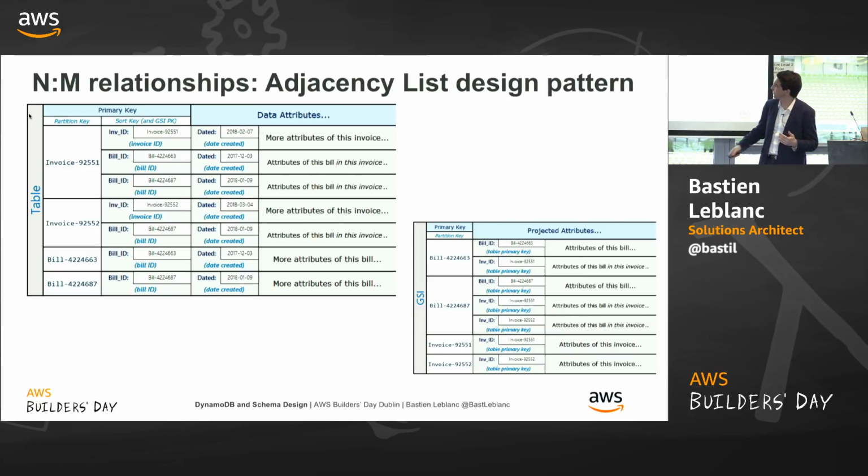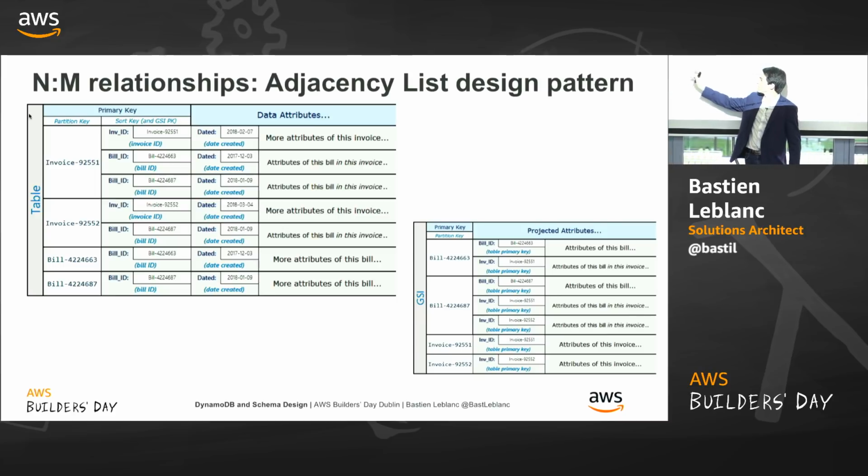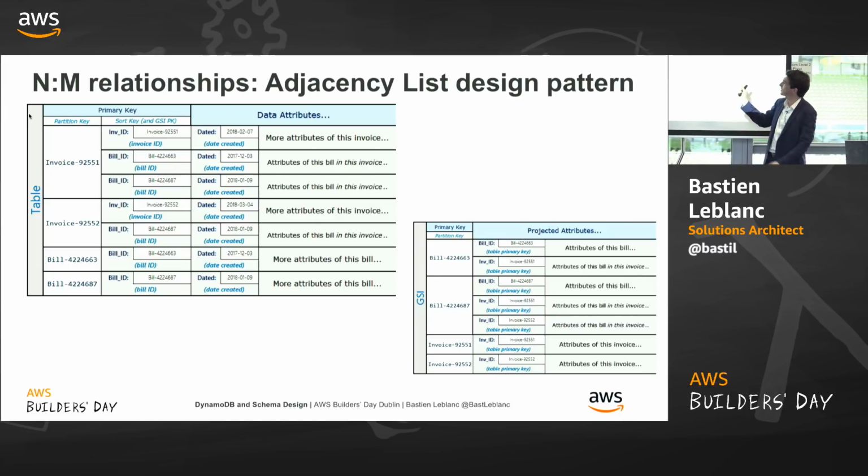So actually what we do is create the table with partition key and the sort keys having exactly the same attribute type, which could be invoice or bills. And then you create the GSI on the other partition.